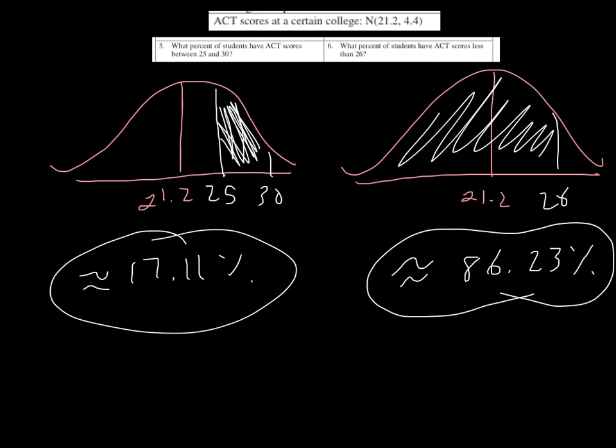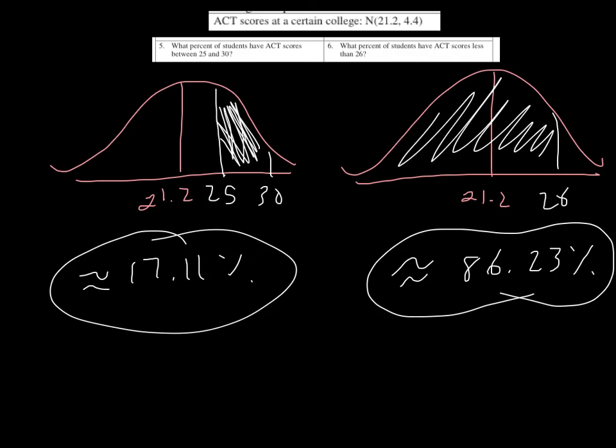For number 6, this is sort of the opposite of what question 4 asks. Instead of over 26, they ask for under 26. Well, keep in mind that those two questions together should add up to 100%, or 1 in decimal form. So you could just subtract the answer for number 4 from 1, and you get 0.8623.